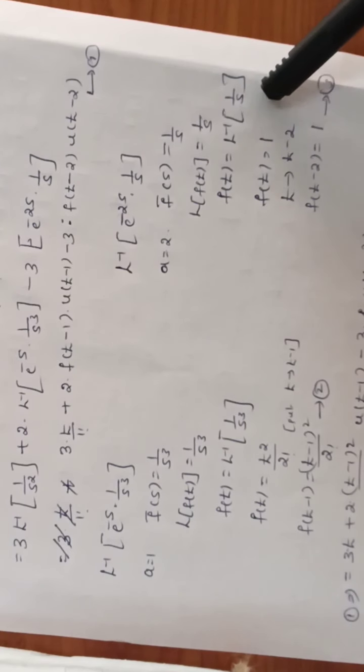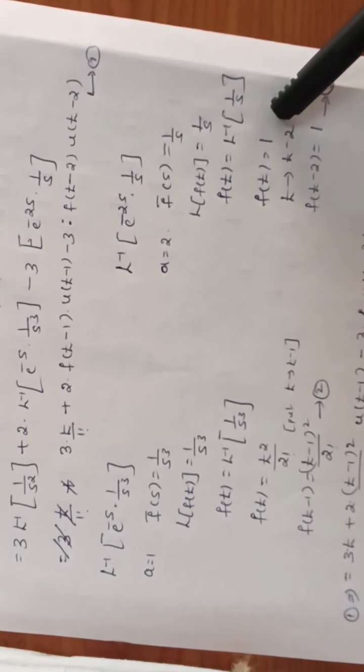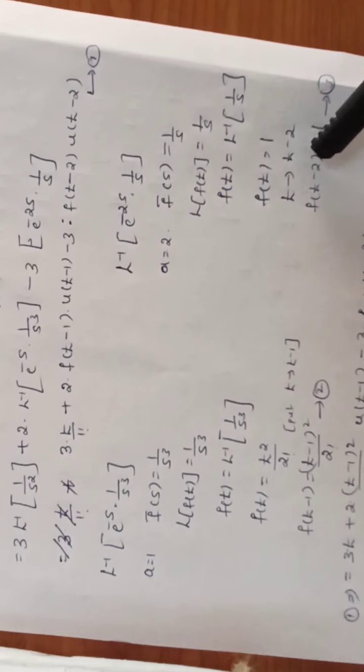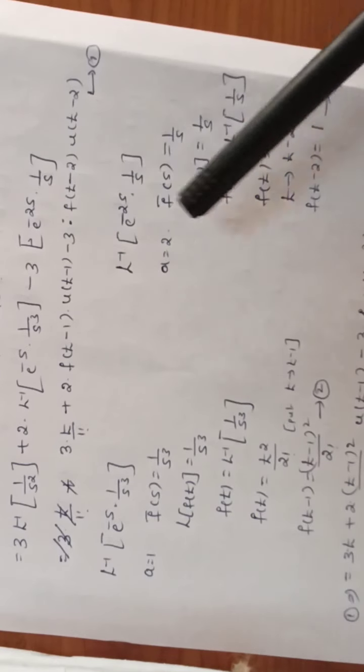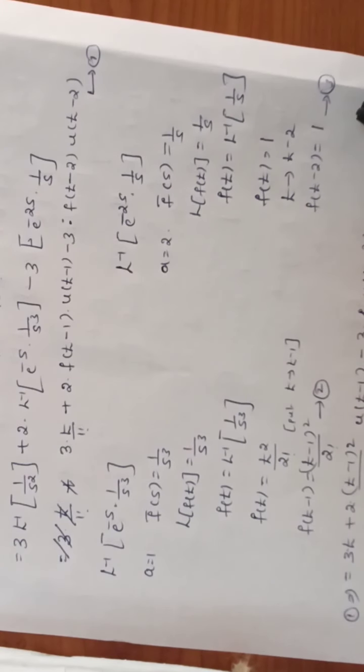So, according to the formula, f of t is equal to 1. Here, let us replace t by t minus 2 because we are finding the value of f of t minus 2. So, therefore, f of t minus 2 will be equal to 1. So, let us call this equation number 3 and this equation number 2. And let us substitute the values of equations 2 and 3 in equation number 1.